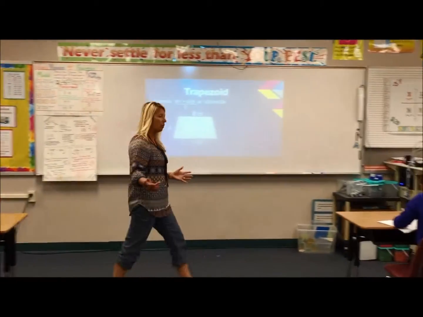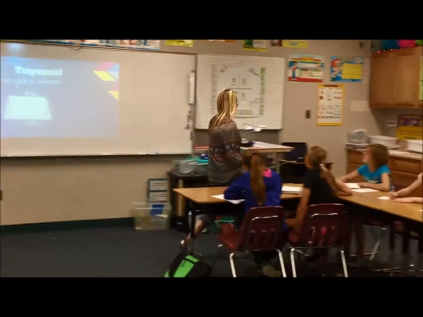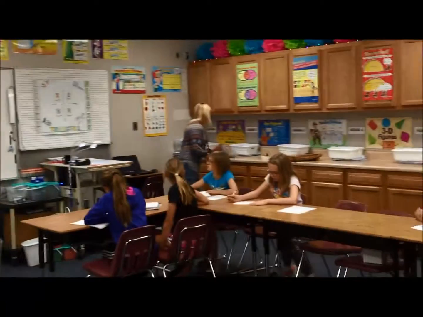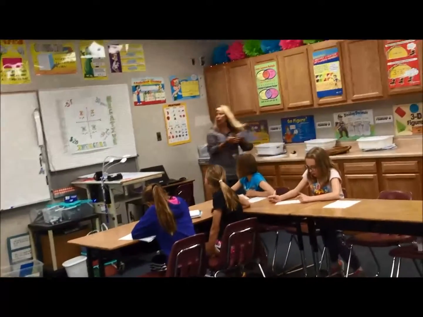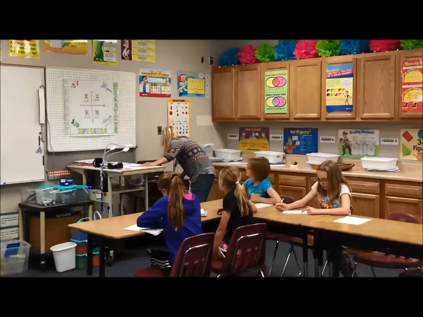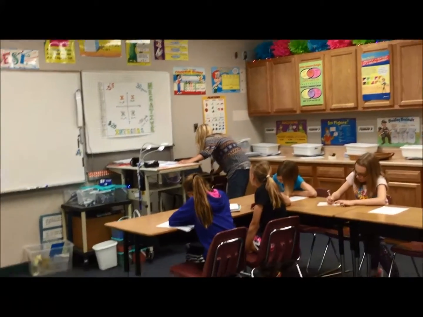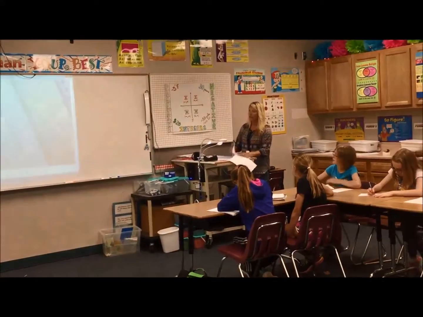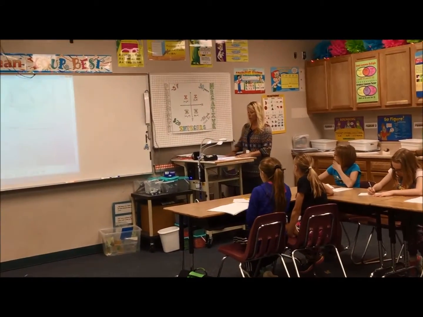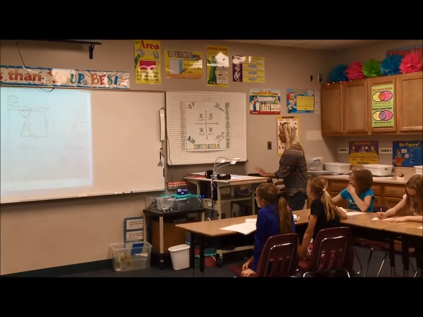Okay, so now what we're going to be using is we're going to have to know how to find surface area. So now you would have to use this if we were finding surface area. For example, what if I gave you a problem that looked like this?